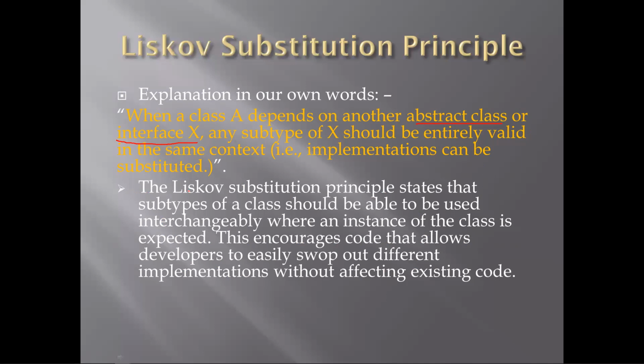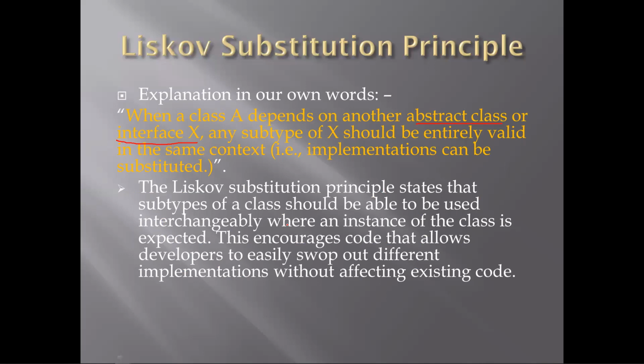The same thing can be said in other words also. The Liskov substitution principle states that subtypes of a class should be able to be used interchangeably, where an instance of the class A is expected.